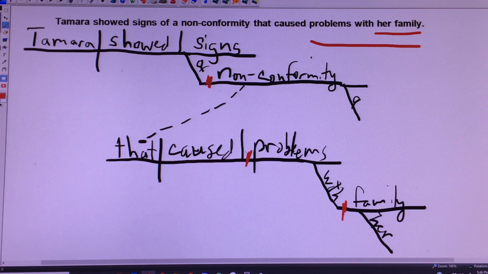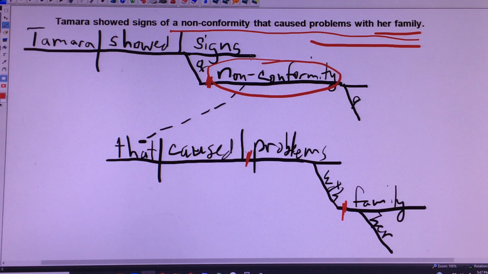And this is going to be not very neat. Nonconformity is another noun, and it has stuff coming off it. So we see here that there's yet another noun phrase, a nonconformity that caused problems with her family. So the head of that longer noun phrase is nonconformity.